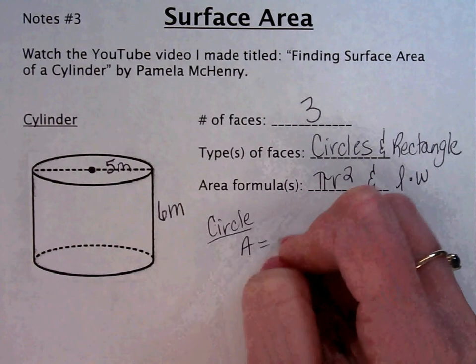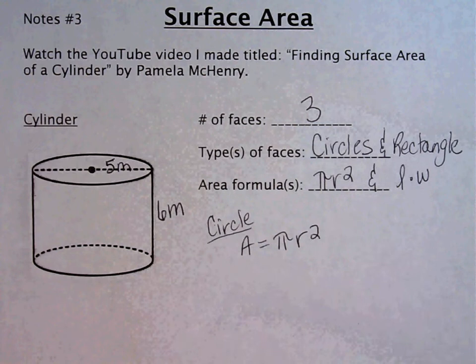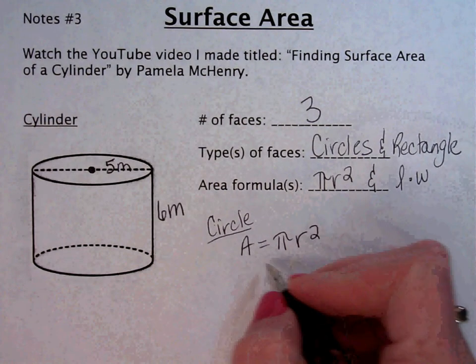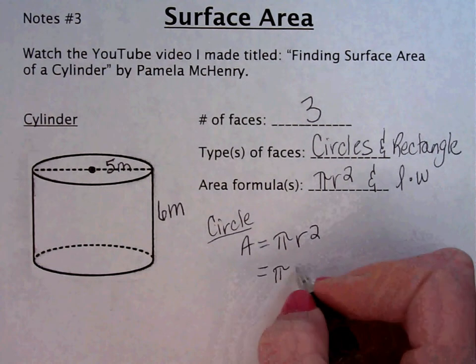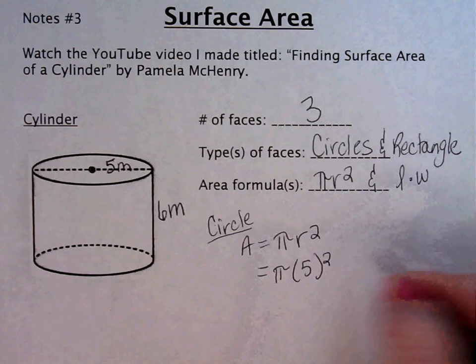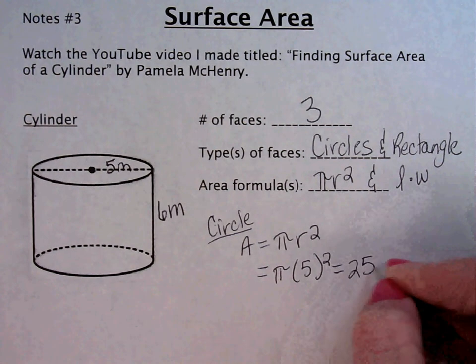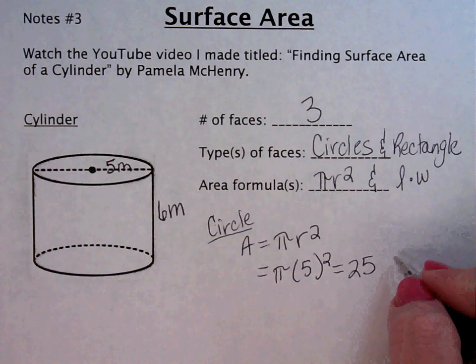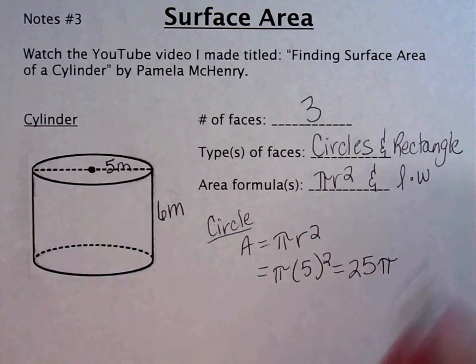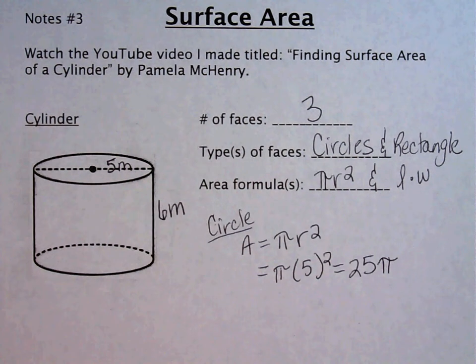So the formula for area of a circle is pi r squared. In this case, r is 5. And we know that 5 squared is 25. And usually we put the coefficient up front and the symbol second. So we're going to write that as 25 pi.